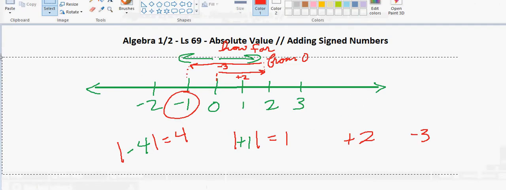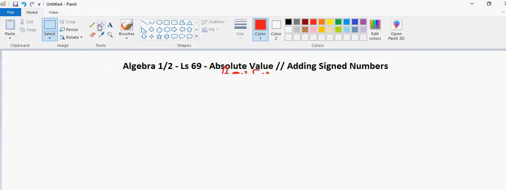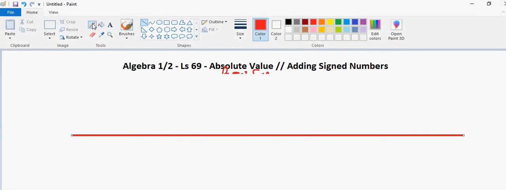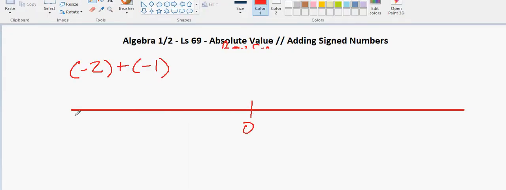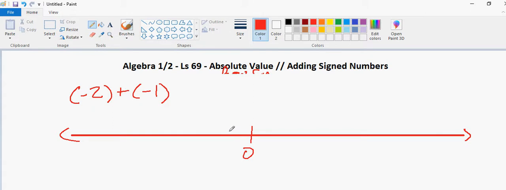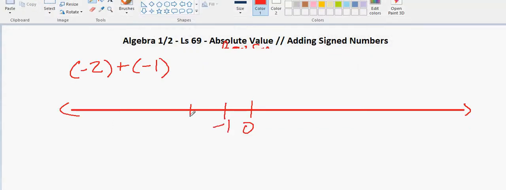All right, I'm going to get rid of some of this, and let's make our line again. If the book asks us to use arrows on a number line to determine negative 2 algebraically added to negative 1, you'll draw a nice straight line for your number line, get your origin and arrows, and we'll make sure all the numbers mentioned are represented, as well as other numbers to give good reference.